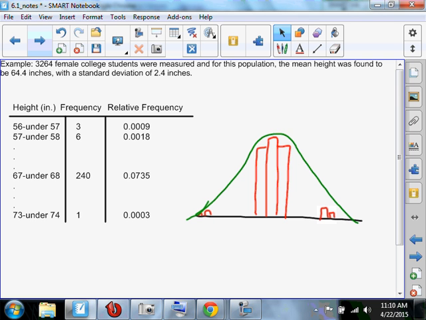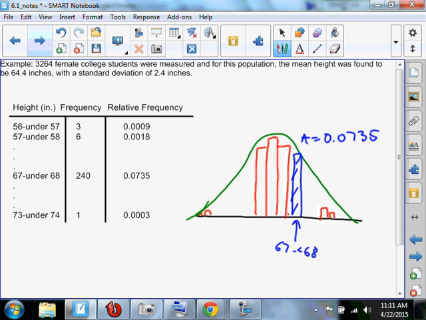So again, just to reiterate what happens over here, let me choose a different color, this blue one. Over here, if we had this interval from 67 to less than 68, the area of that block, if we think about the geometric area, would be 0.0735.